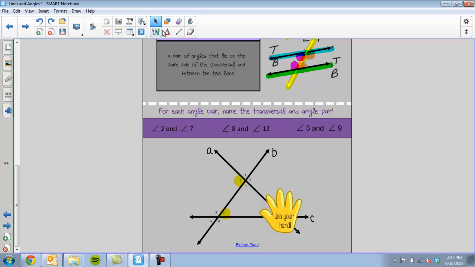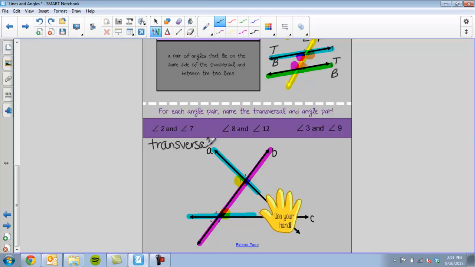So I'm going to notice, and this one's going to be a little different because I'm going to stick with just using one color, that when I'm looking at this line and this line, our transversal is B. Line B is cutting these two angles. So I'm going to write the transversal is B. That's for this first example, angle 2 and 7.